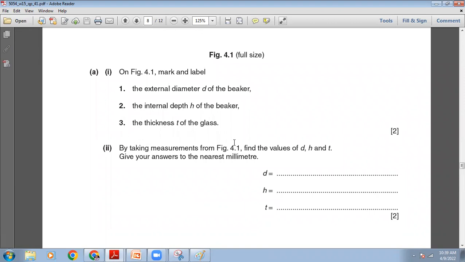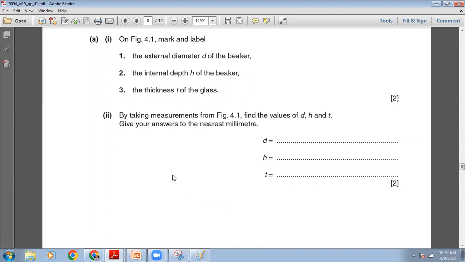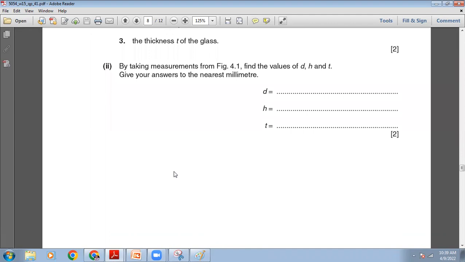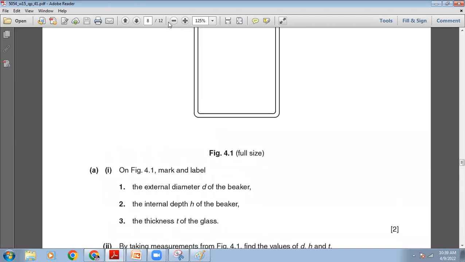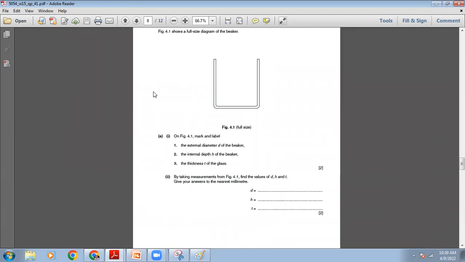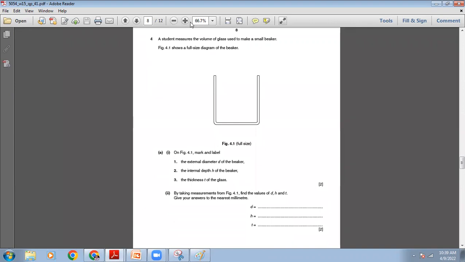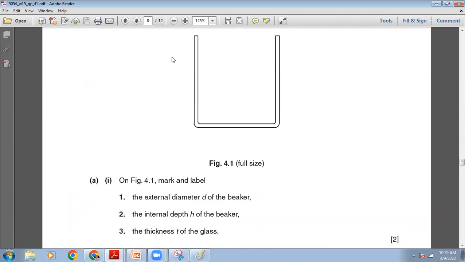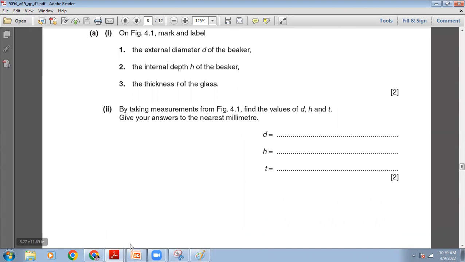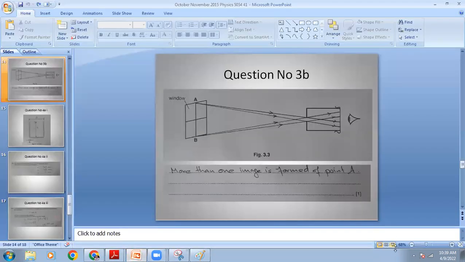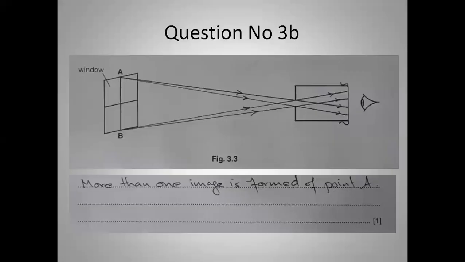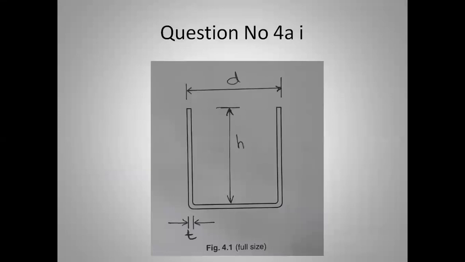It says, by taking measurements from figure 4.1, find the values of D, H, and T. Give your answer to the nearest millimeter. Very simple. Let me reduce the size so you can see the whole question together. Here you can see the external diameter from the external wall here to the external wall here.